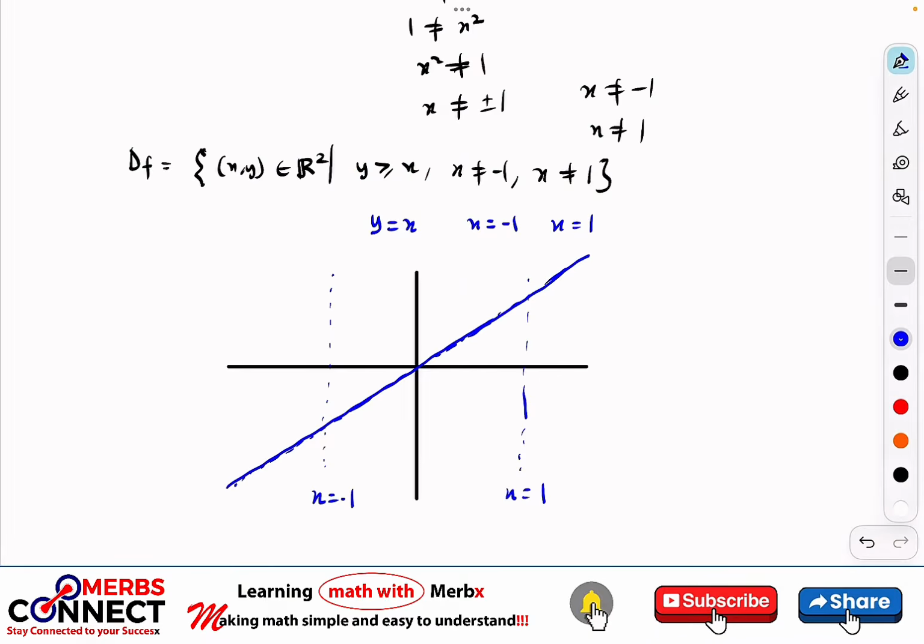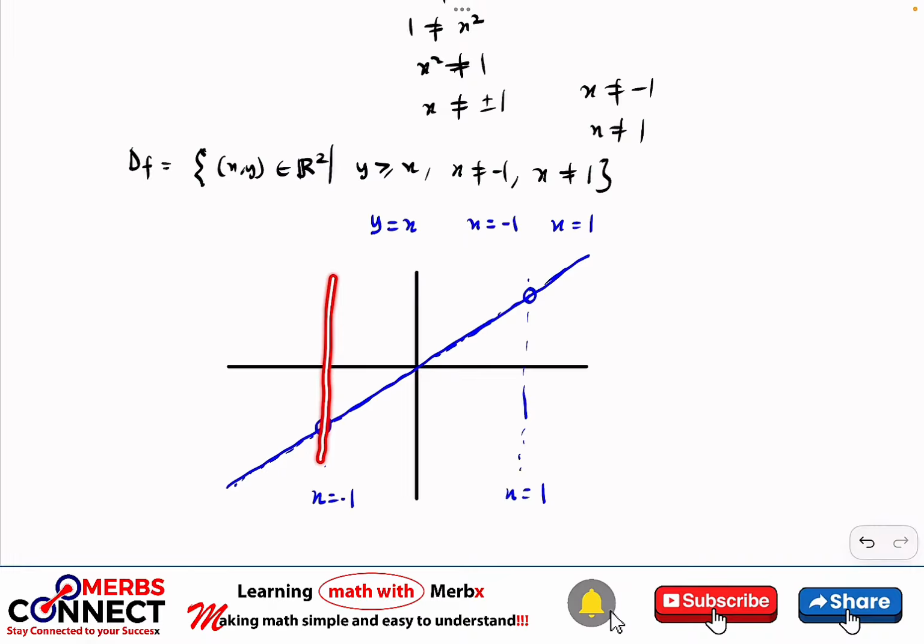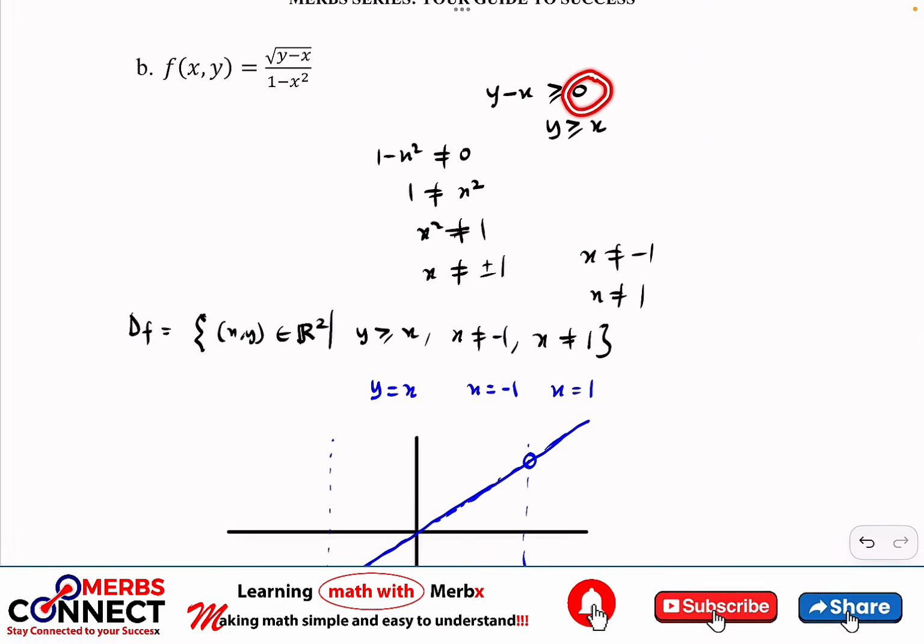But what is going to happen here is we are going to have a hole here, right? There will be a hole here because at this point the line cannot pass through. So there should be a hole here, which means that it doesn't touch the function. The idea is that we are saying that y should be greater than or equal to x.